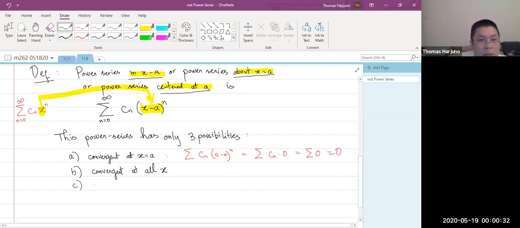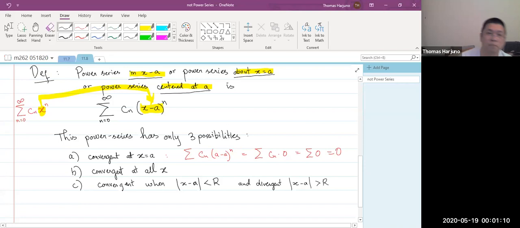But the third possibility is convergent when the absolute value of x minus a is less than some r, and divergent when the distance of that x from a is already greater than r. Okay?